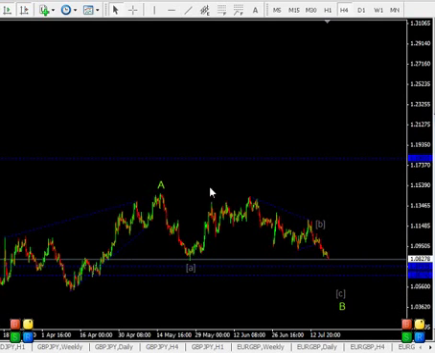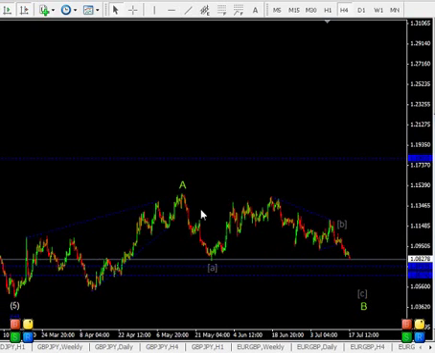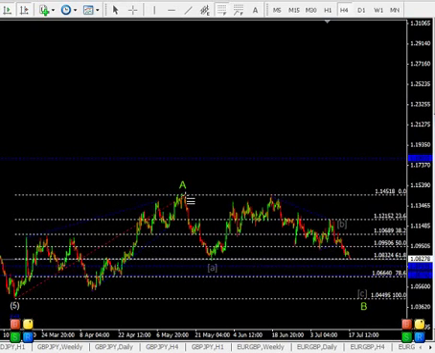So this C wave, since we have here a leading diagonal, usually a leading diagonal is retraced up to 78.6%. The B wave, because it's a 5 wave move, it can also be wave 1, wave 2 can retrace 78.6%, or wave B in our case here, and we can use the Fibonacci retracement here, put it there, come to the top here.